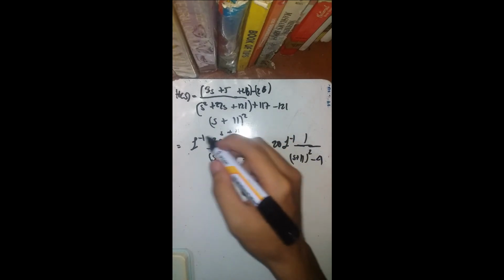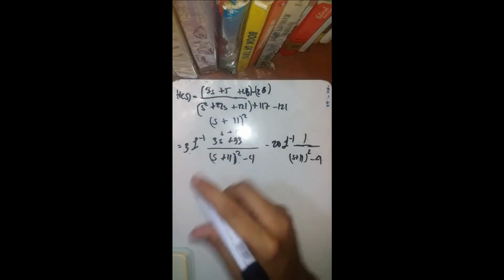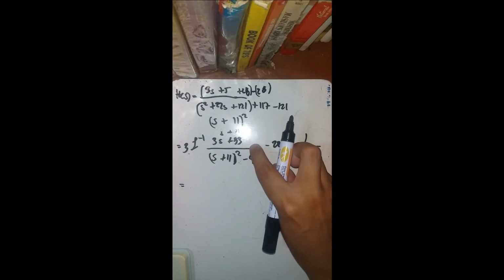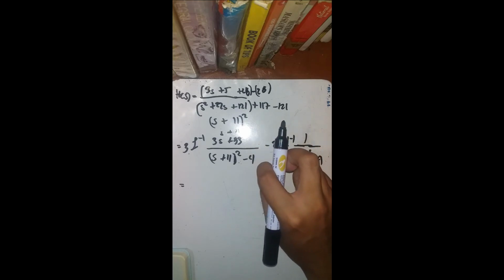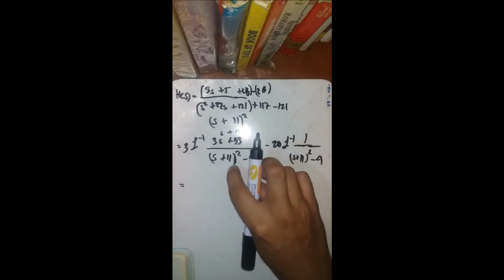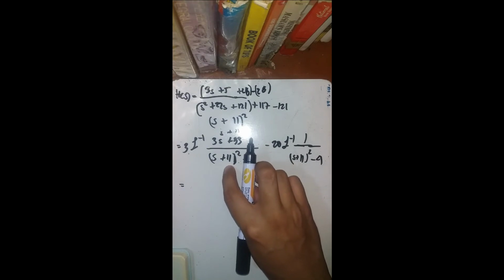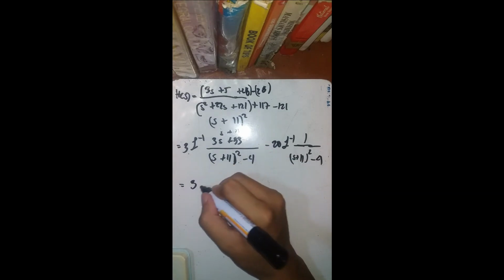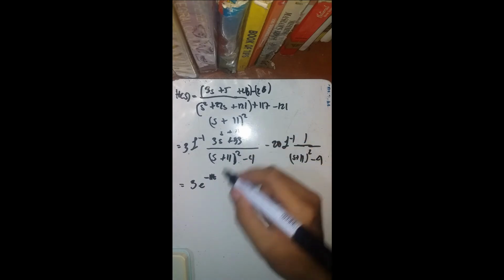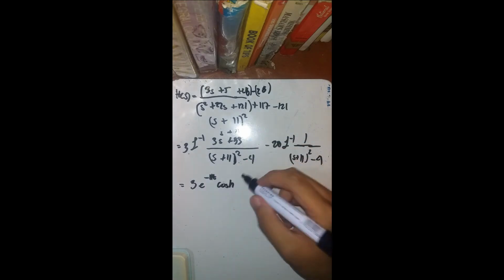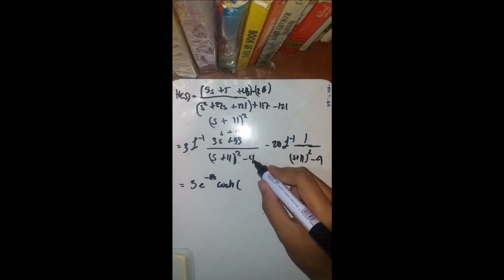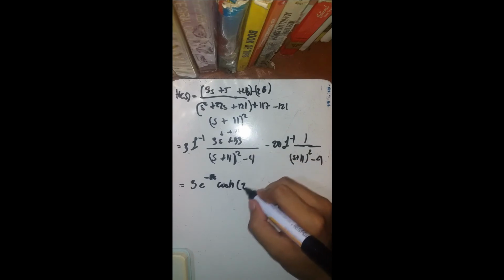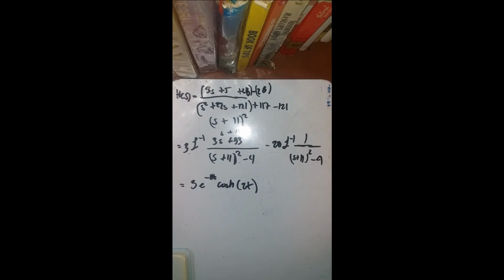So let's put the 3 here. In the table, this is your cosine hyperbolic, plus you have your shifting of negative 11. So this will become 3e raised to negative 11t cosine hyperbolic of 2t, minus, so we have here 4, meaning we have to multiply the top by 2 and divide here by 2.